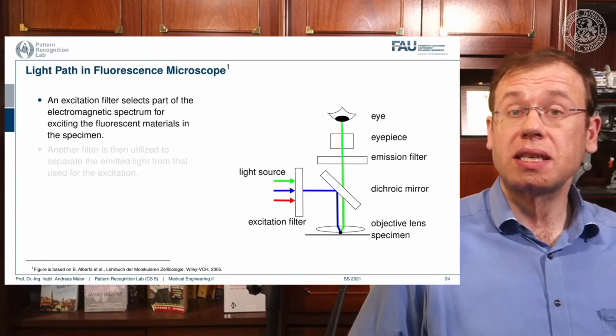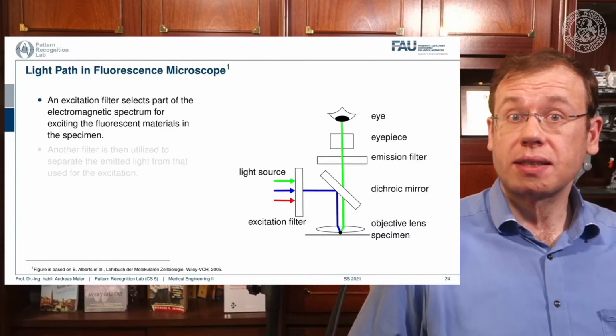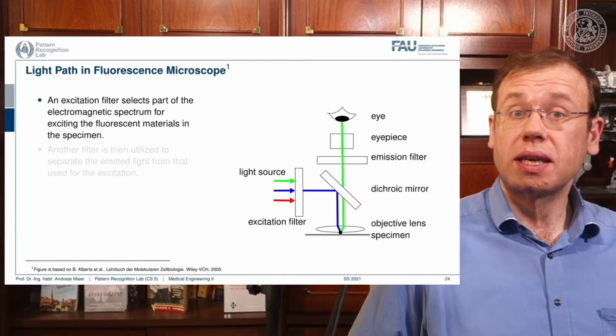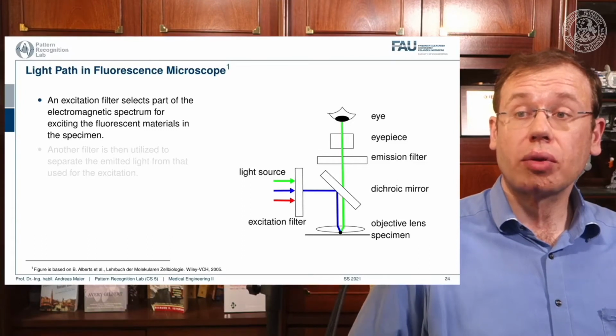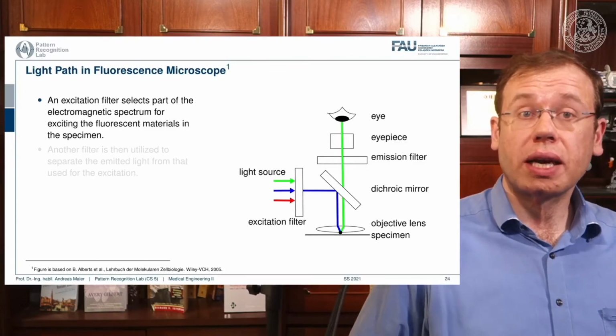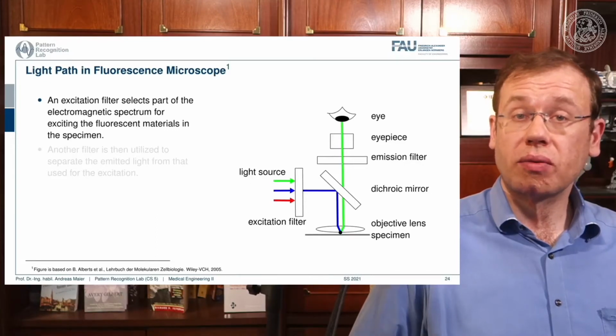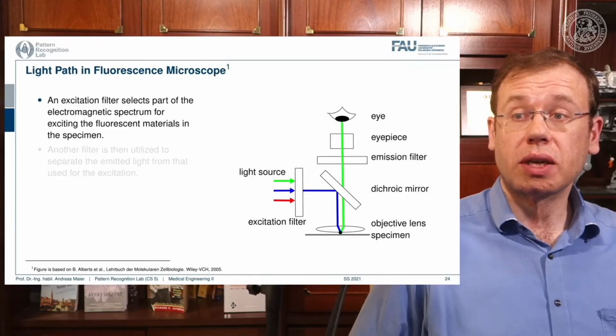In the specimen, it interacts with the materials that have this fluorescence effect, and now only the materials that resonate in fluorescence then emit another light. Let's say it's green here in this example, and then we follow the green path where we go again through the objective lens. It's not altered by our mirror, so we can just pass through the mirror, we don't care about that.